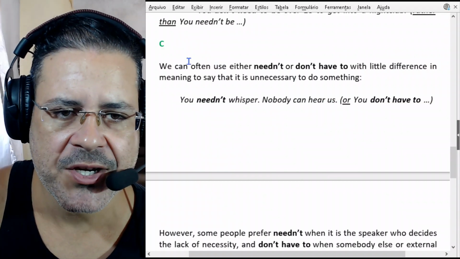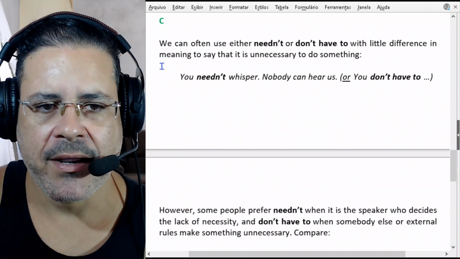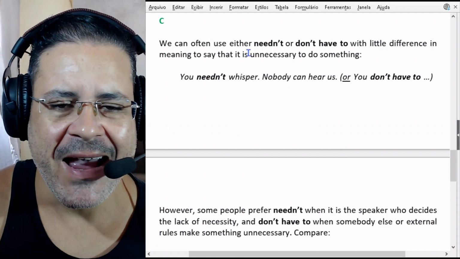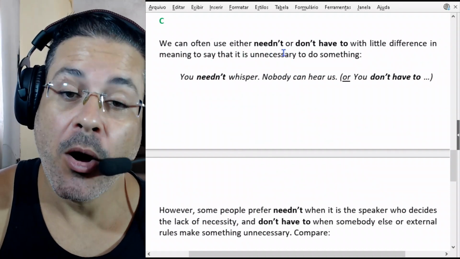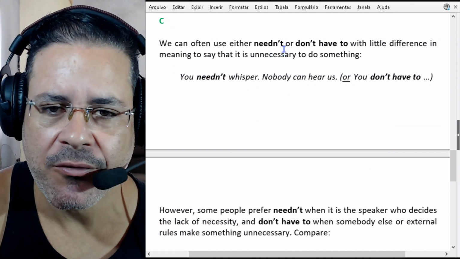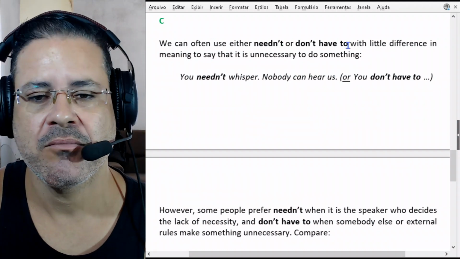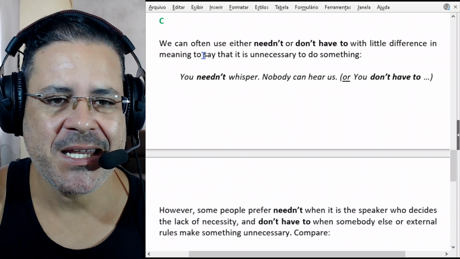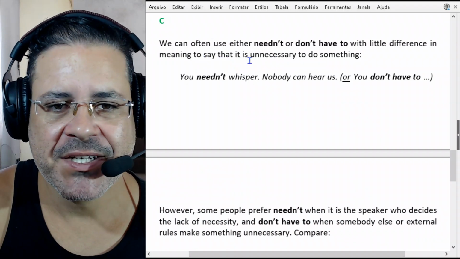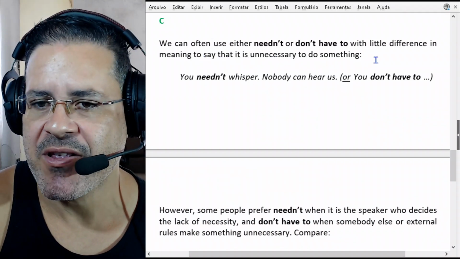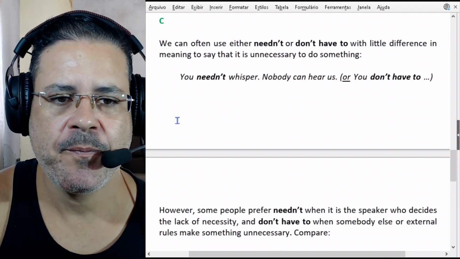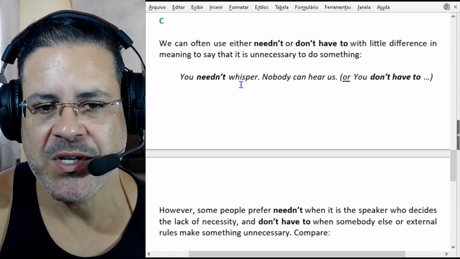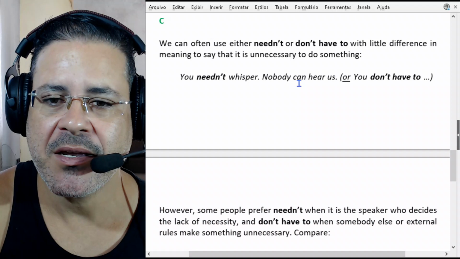Let's move on to section C. Alright, we can often use either needn't, modal verb, or don't have to, ordinary verb, with a little difference in meaning, to say that it is unnecessary to do something. For example, you needn't whisper, nobody can hear us.